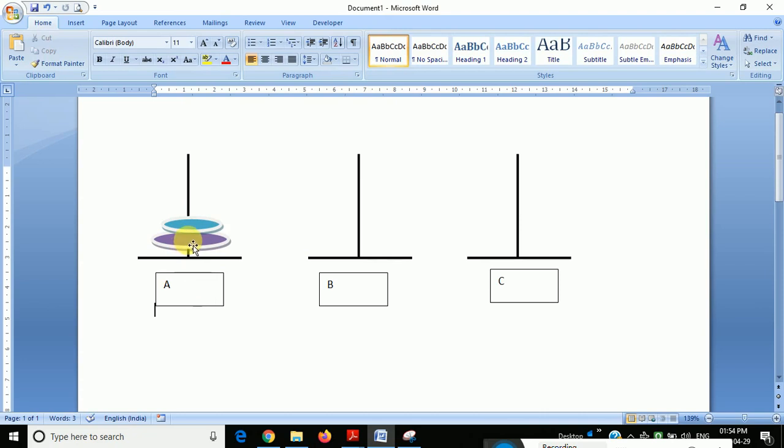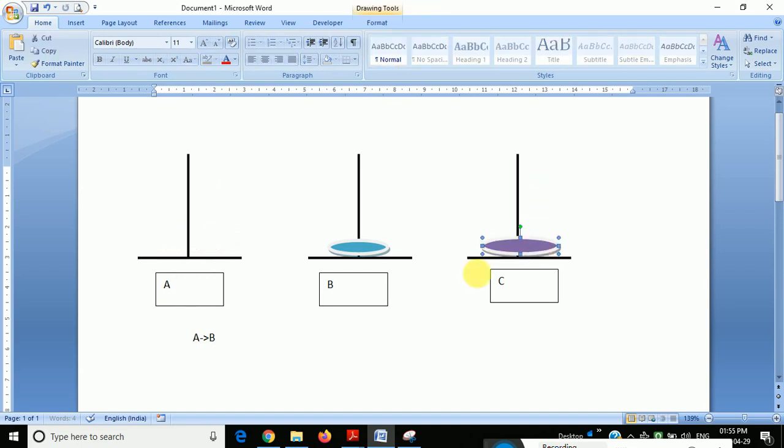If there are two discs, first I'll move one at a time. I moved one disc from A to B. Second disc, I'll move from A to C. I cannot move from A to B directly, because the rule is what? We cannot do like this.